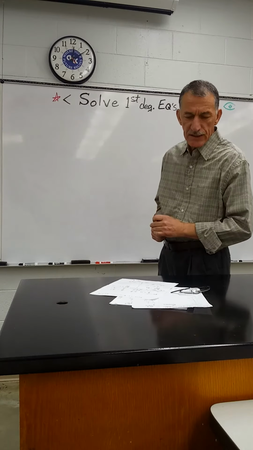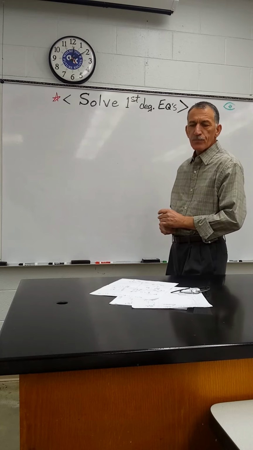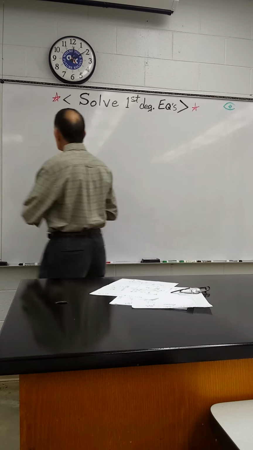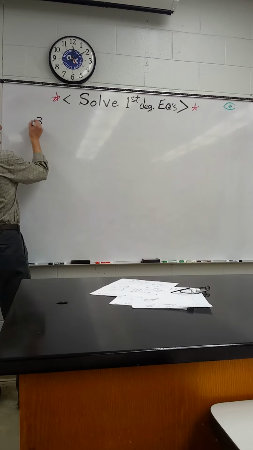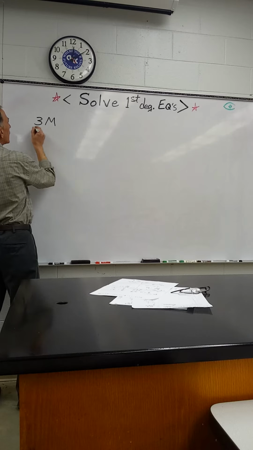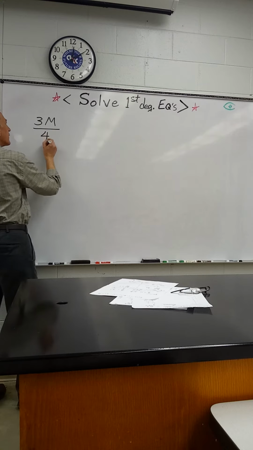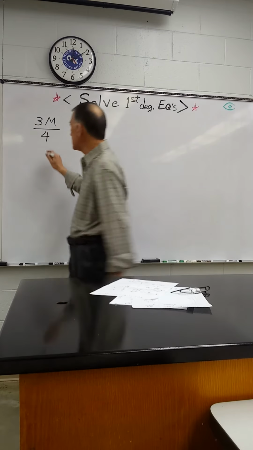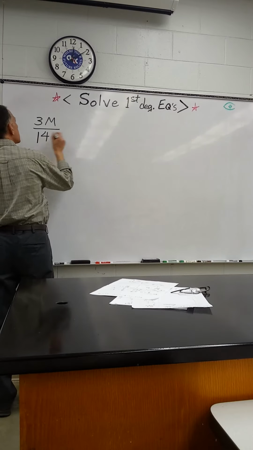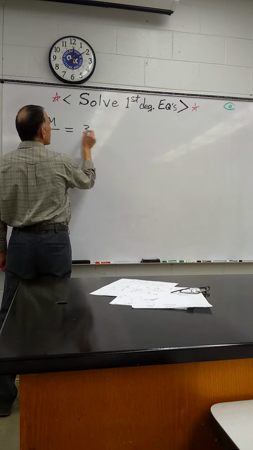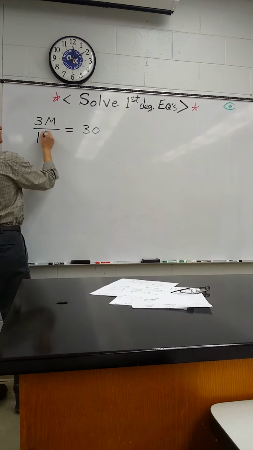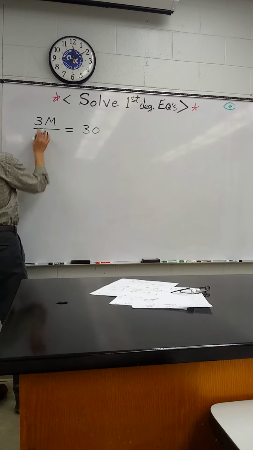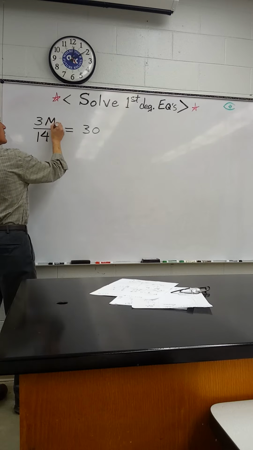Alright, let's go to this case, and this case is if we have 3m over 14, 3m over 14 is equal to 30. Now, in this situation, you have 3m over 14 equal to 30.